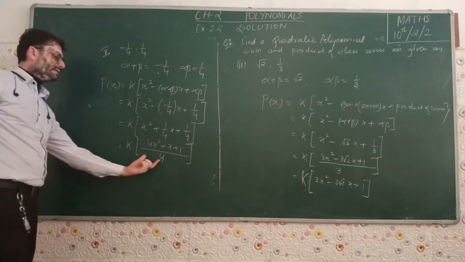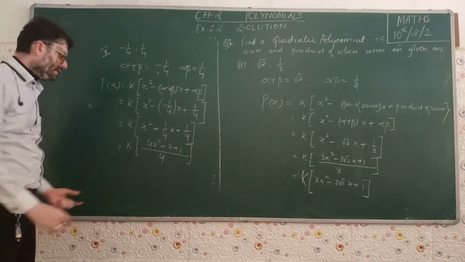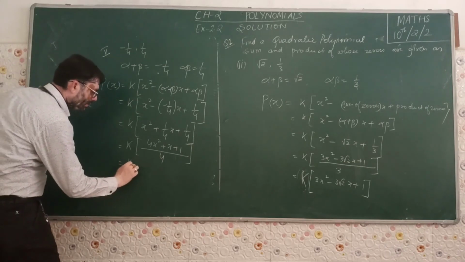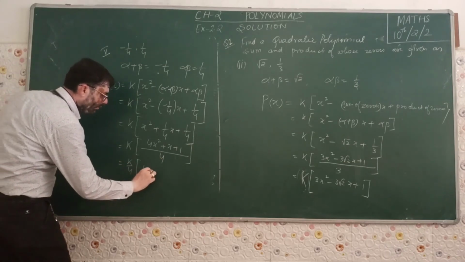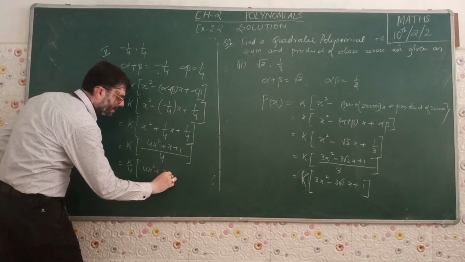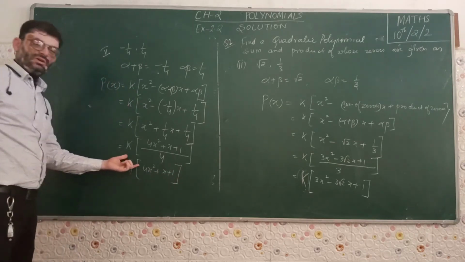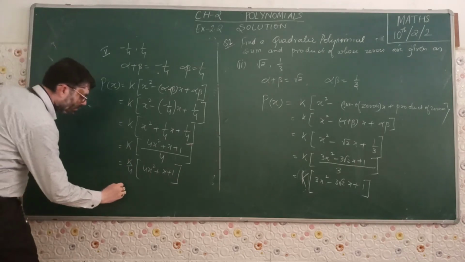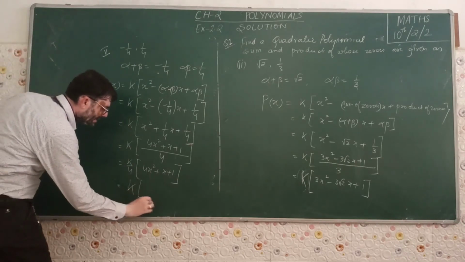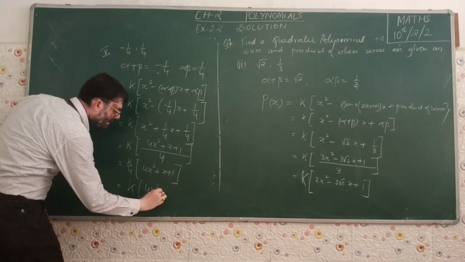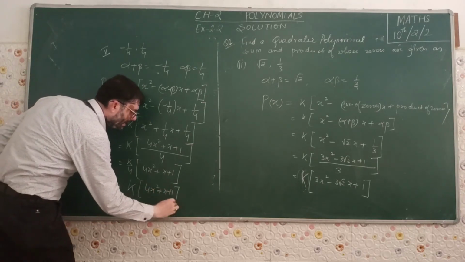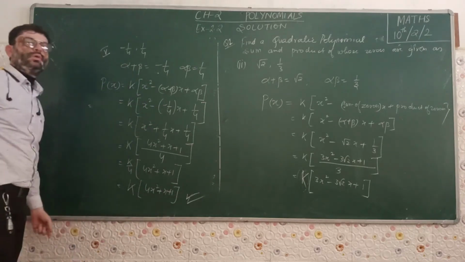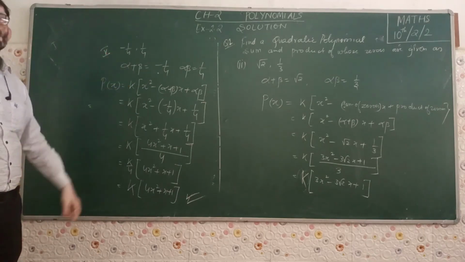If you take this denominator outside with the constant value, it becomes k upon 4, and this is 4x square plus x plus 1. K was a constant, and it divided by 4 will also be a constant. So if you want to replace it, you can write it this way, k into 4x square plus x plus 1, and this is our required quadratic polynomial when sum of zeros and product of zeros are given.